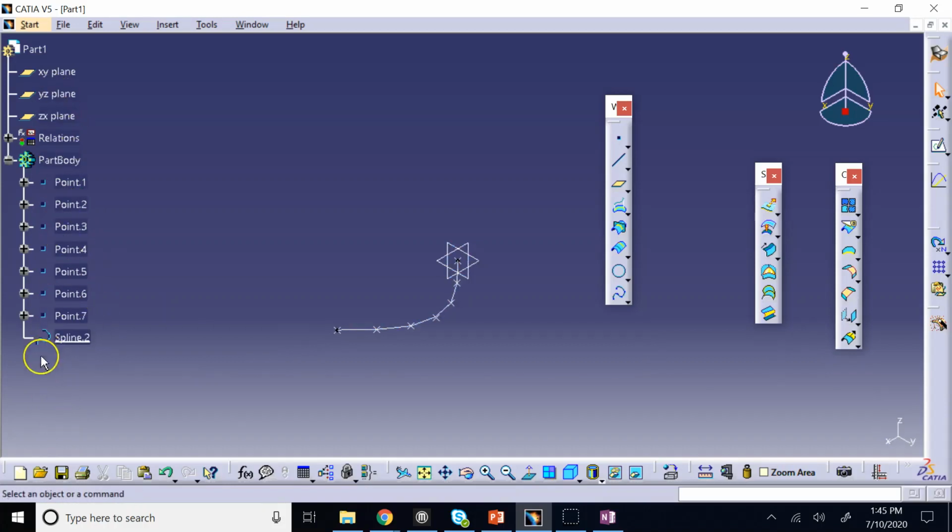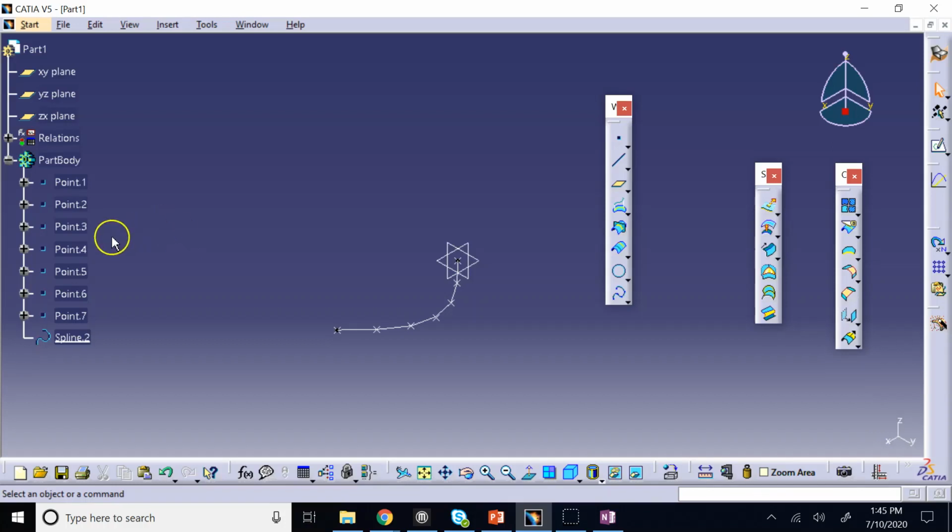And this tree is gonna be super long. And if I want to access anything at the bottom of the tree or middle of the tree, I have to keep scrolling until I get there. So when I have a bunch of things and I don't want all of them to individually appear on the tree, but I want to put all of them under the same folder and have one single icon on the tree for all of them instead of individuals, I use a geometric set. So geometric set is a folder under which you can put curves, points, surfaces, and so on.